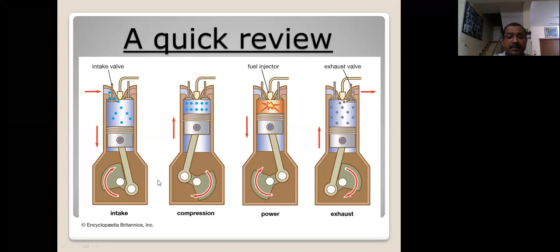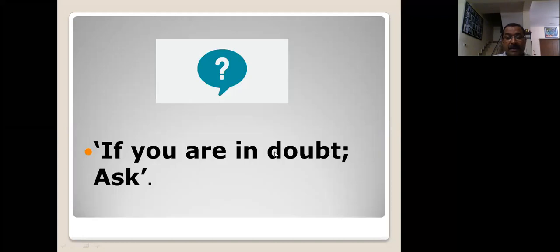Then with this, one cycle of operation is completed. So four strokes are needed to complete one cycle of operation, so we are calling this engine a four-stroke diesel engine. We discussed up to this point. So let us proceed with our next things.